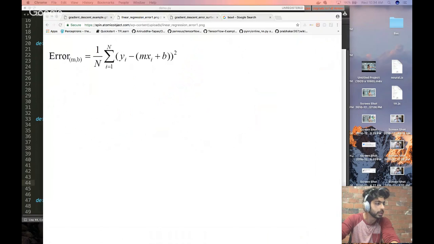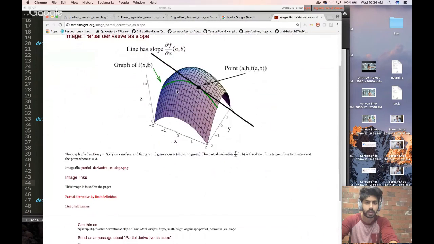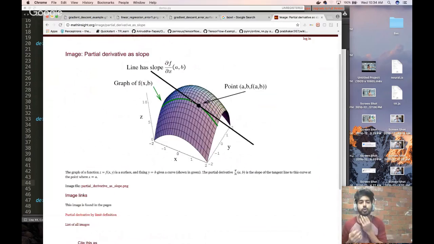The partial derivative is right here. This is what the partial derivative does. We call it partial because it's not telling us the whole story.